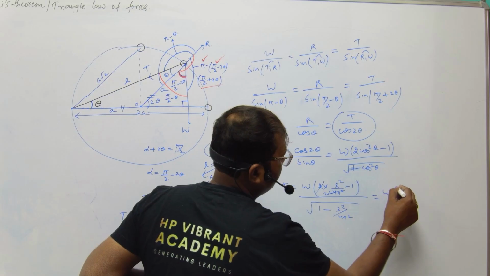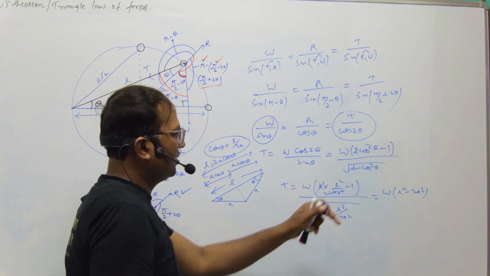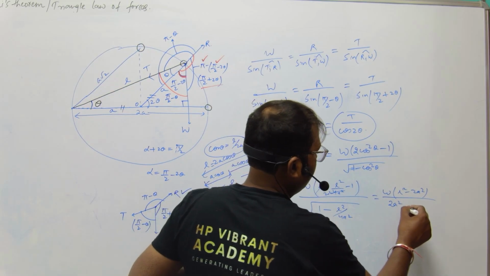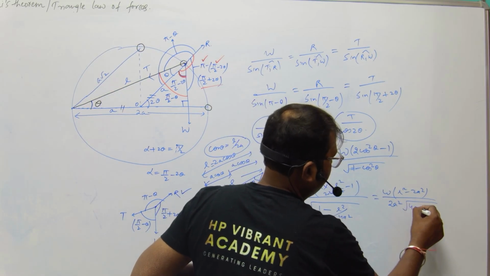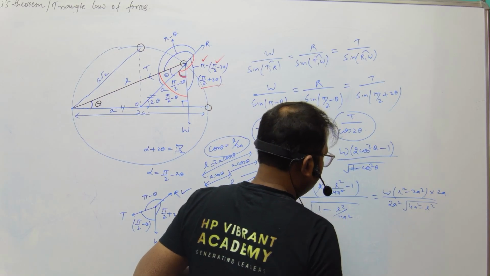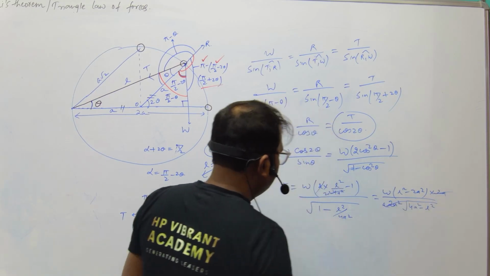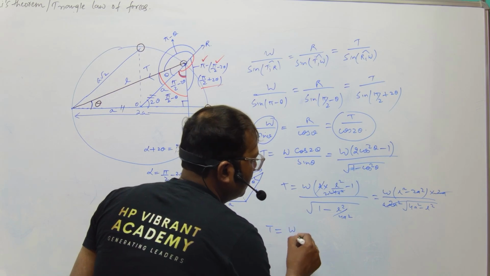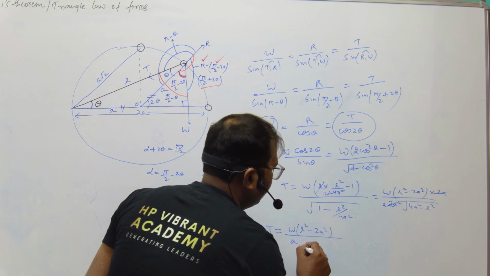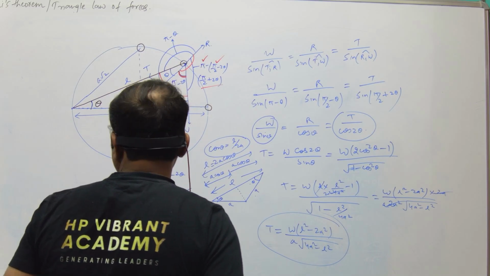So we have W times L square minus 2A square upon 2A square into root of 4A square minus L square upon 4A square, and the root of 4A square is 2A. So this gets cancelled with A. So we have tension is equal to W times L square minus 2A square upon A times root under 4A square minus L square. Okay, so this is the value of the tension.